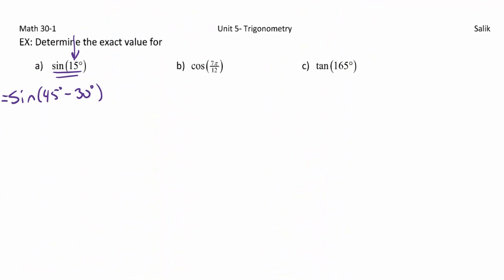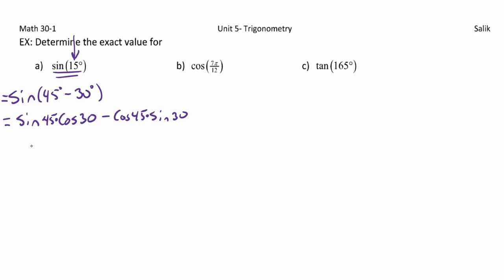Okay, so this would be the same thing as sine 45 cos 30, and then minus cos 45 sine 30. Just following the formula, right? So just be careful not to make mistakes on that, right? So that's A and B and A and B.